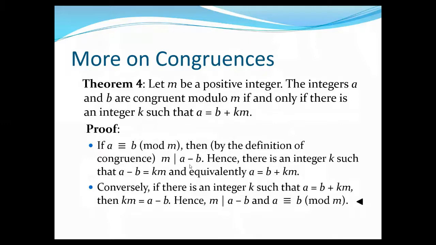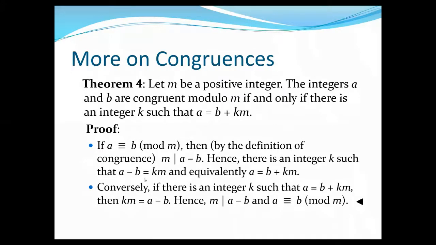Since we are testing the divisibility of a minus b by m, this is the division definition. So m divides a minus b. Based on the definition, it will be divisible if we have a certain integer that, when we multiplied to m, will yield the result of a minus b.